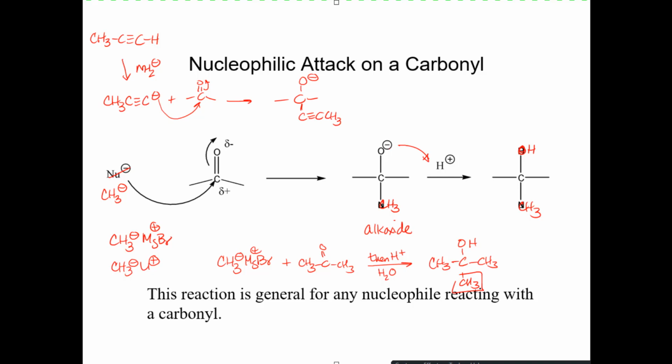In this case, we're going to focus on this reaction being an aldehyde or a ketone first. Then we'll talk a little bit about carboxylic acids and what are called acid chlorides and esters. So this is our overall reaction of any Grignard or organolithium reagent.